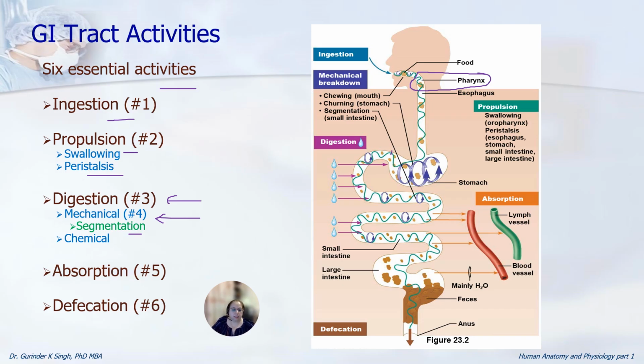And then defecation is the sixth: whatever is not digestible and our body cannot break down is then released through the digestive tract. So these are the 6 GI tract activities, which help us to absorb the nutrients.